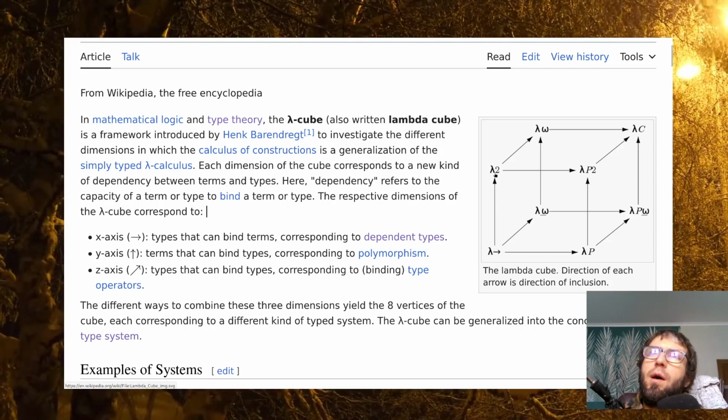You go up, and you build this type system in this corner. If you also want to add the ability of dependent types, you go from this point to this point. And if from this point you want to add the ability to have type operators, you go to the richest type system, the lambda calculus of constructions.